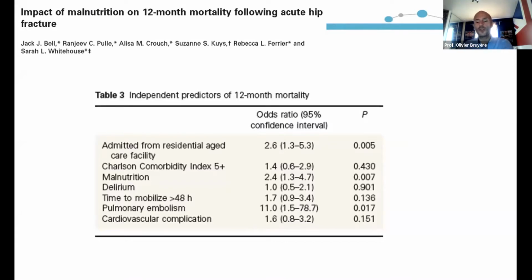However, we should acknowledge that we do not have many randomized controlled trials confirming that nutritional care is able to really improve the outcome after a fracture.